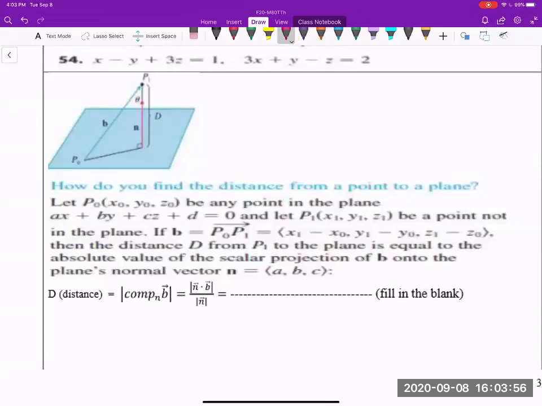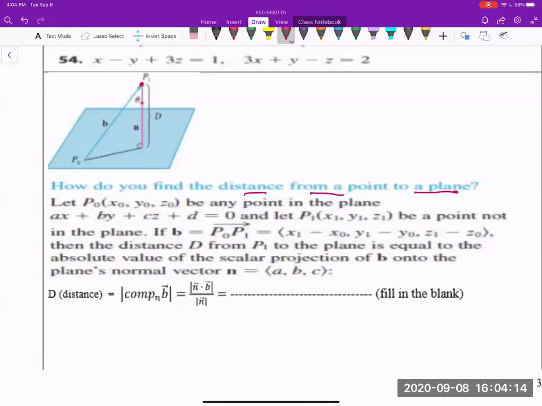And the next part of this section, 12.5, is how do you find the distance from a point to a plane? So the distance from the point P1 to the plane, which is passing through the point P0.